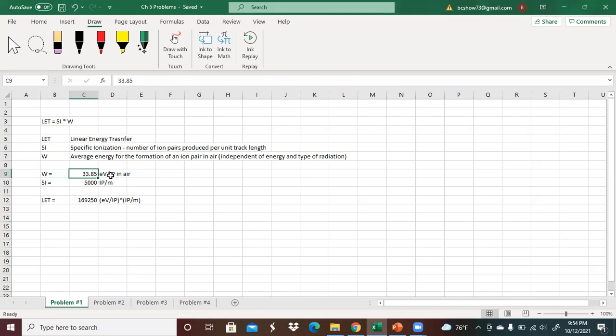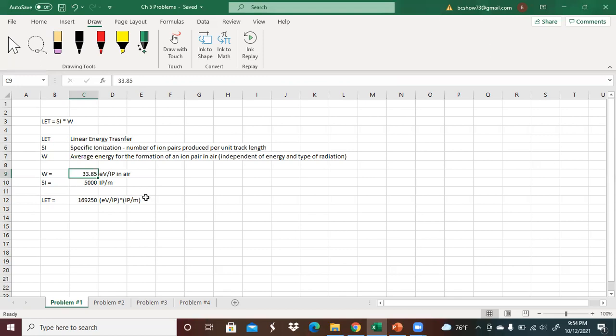So if you take the amount of eV per ion pair and multiply it by the number of ion pairs per whatever the length is, in this case meters, then you can produce the linear energy transfer, at least per meter.